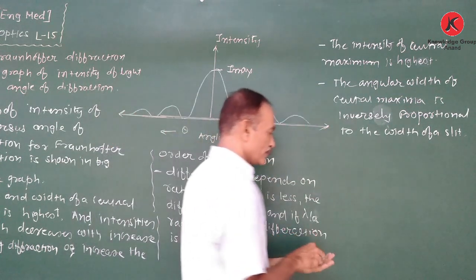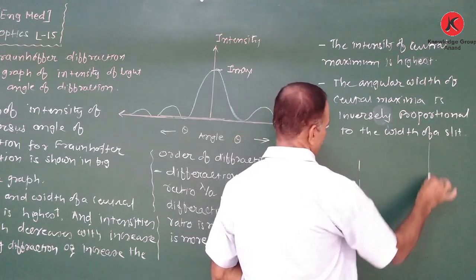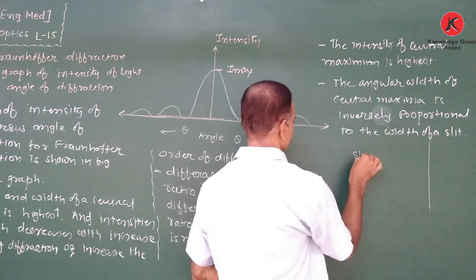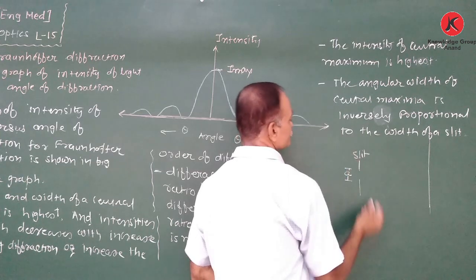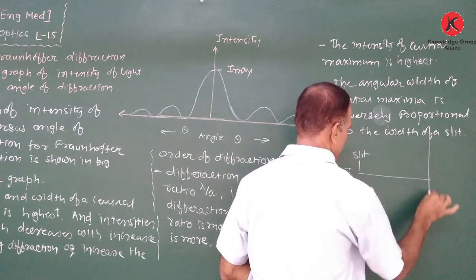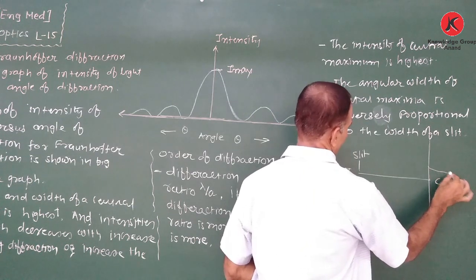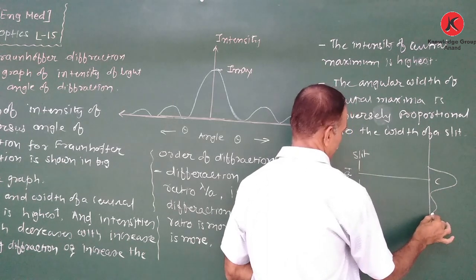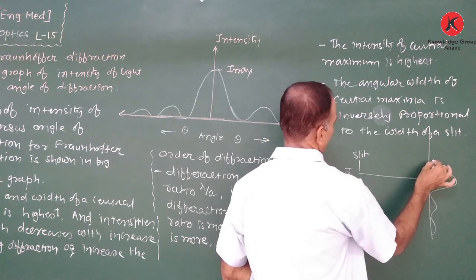Already we know that in Fraunhofer diffraction, the width of the slit is the small a, and here is the screen. There is the perpendicular bisector of the slit on the screen, that is C. Here the central maxima is obtained, then the first order maxima, second order, and so on, on either side.